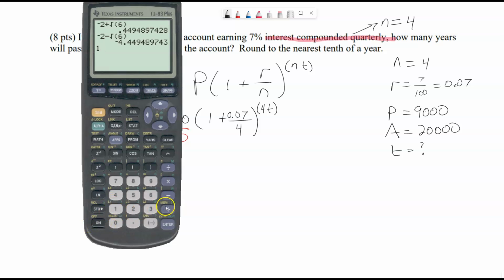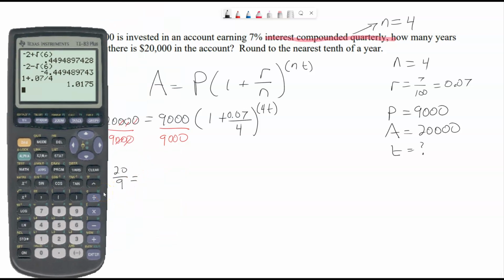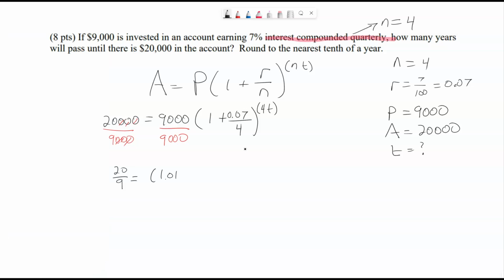This 1 plus 0.07 divided by 4. If this is a finite decimal, I'm going to write it. If it's an infinite decimal, I'm going to stay in this expression. I don't want to round. That's a nice one. I'm going to rewrite it, 1.0175, without any rounding. This is to the 4t.